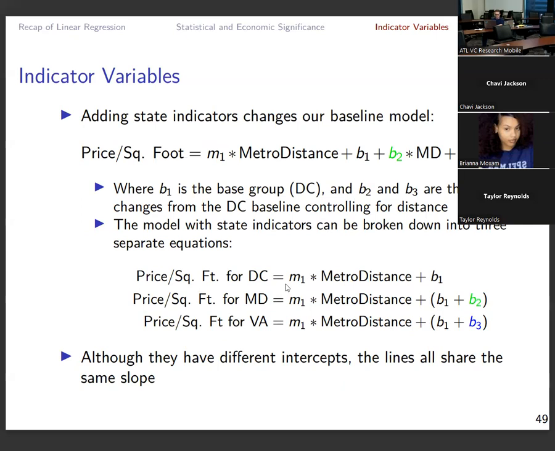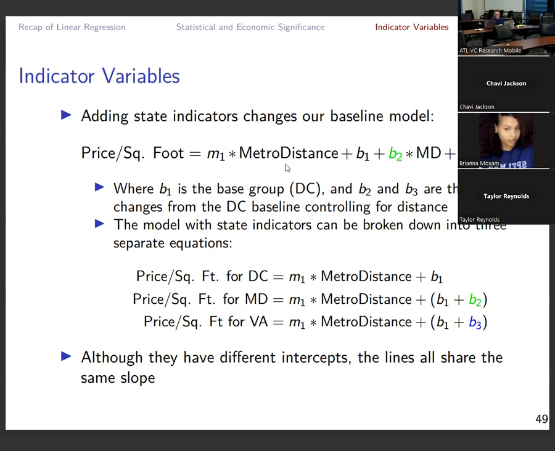Yeah. Is it any different in any of these other metro areas? Like the actual number is different. No, it's the M1. Oh no, the M1 is the same. No, because in this particular case, we're saying that the relationship between the price per square foot and metro distance is not being affected by the geographical location of the property.